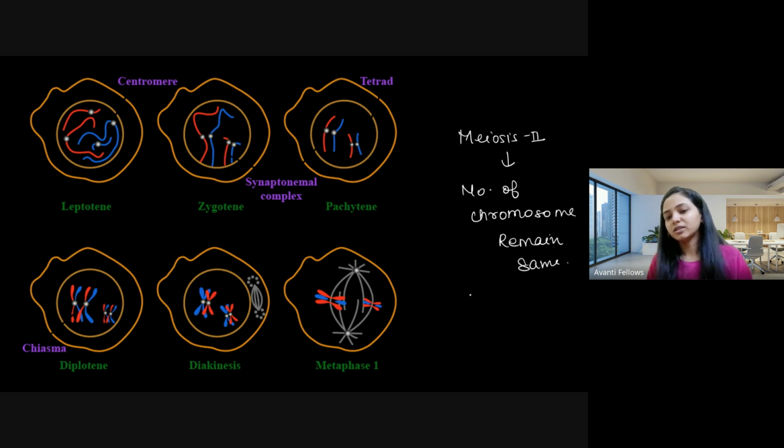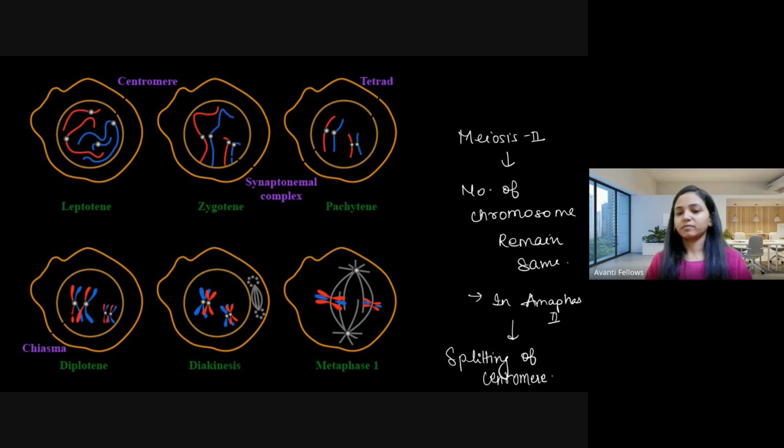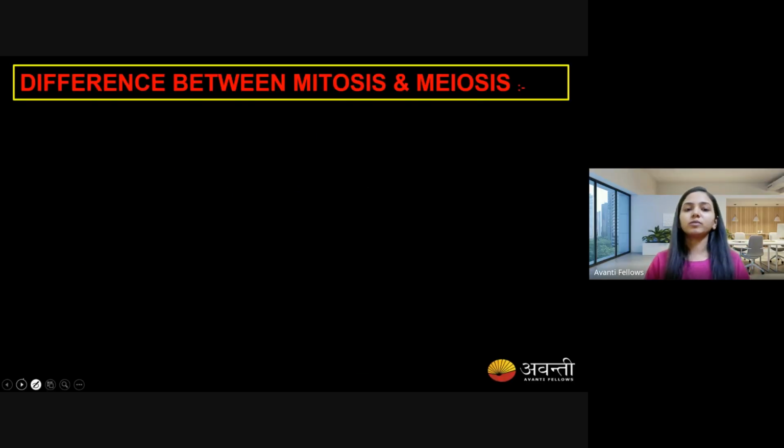So it means in anaphase 2, there should be splitting of the centromere. Right or not? Yes, ma'am. There should be splitting of the centromere. So this was all about meiosis 1 and meiosis 2.